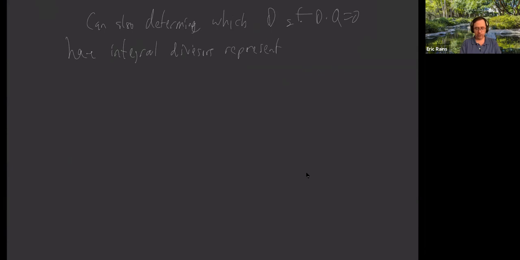When are they represented by integral divisors? And here, there's two ingredients. One is the reduction to the fundamental chamber, and the other is a paper of Harbourne that tells you in purely geometric terms when a divisor class orthogonal to the anticanonical divisor is generically integral. And then you just take his conditions and notice that they can be expressed in purely combinatorial ways once you're in the fundamental chamber.